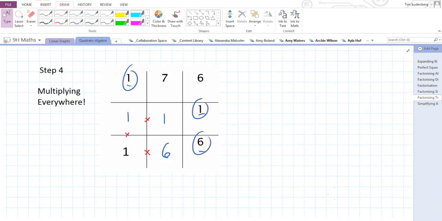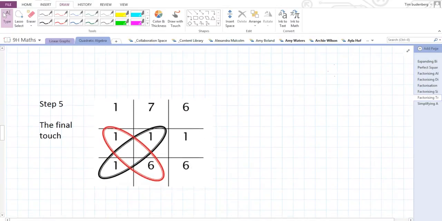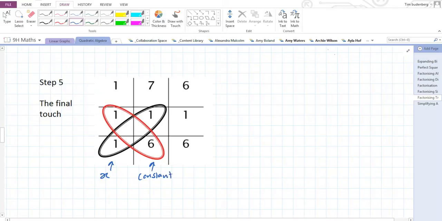And now we've filled in our entire grid, comes the final touch. We draw diagonals across those 4 numbers. A person in my other class called this putting the band-aid on because it looks a little like a band-aid. Then this column here is the coefficient of x column, and this column here is the constant column, or just ordinary numbers.